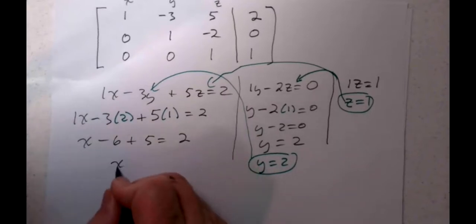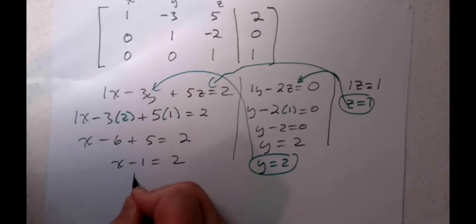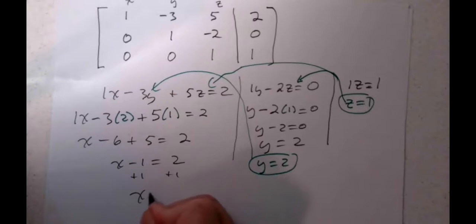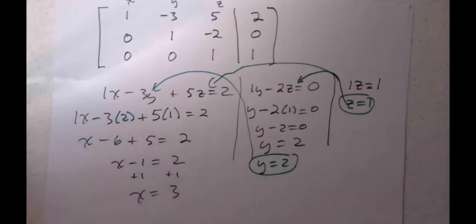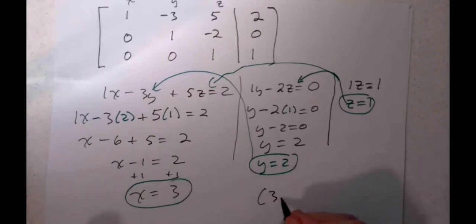So that's what? X minus 1 equals 2, adding 1 to both sides. And we get x equals 3. So we believe our answer is x is 3, y is 2, z is 1. Ordered triple: 3, 2, 1 is the point in space where those three planes intersect.